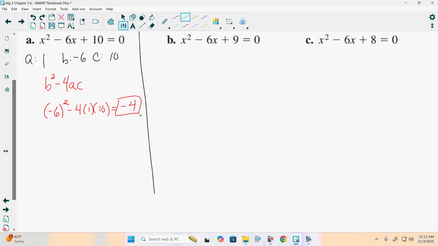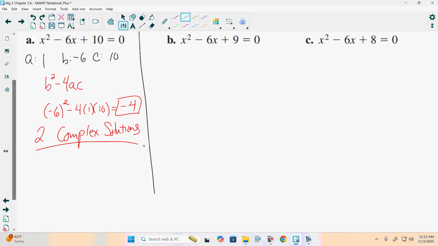So we found the value of the discriminant is -4. Now is -4 greater than 0, equal to 0, or less than 0? Less than 0, so it tells me what I have. That's it.